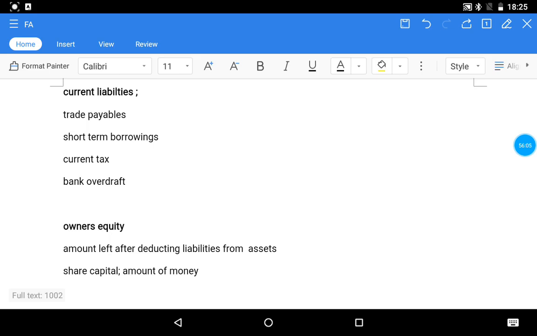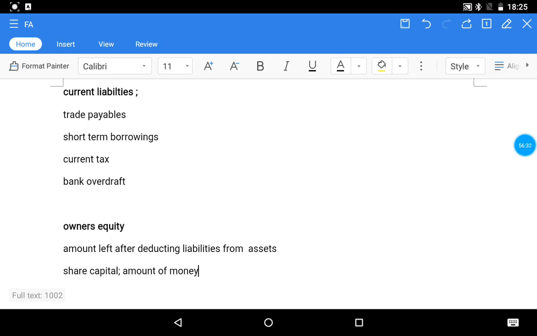That amount that you started with is a share capital, what you share in a business. So in short, share capital is the amount of money invested in a business.